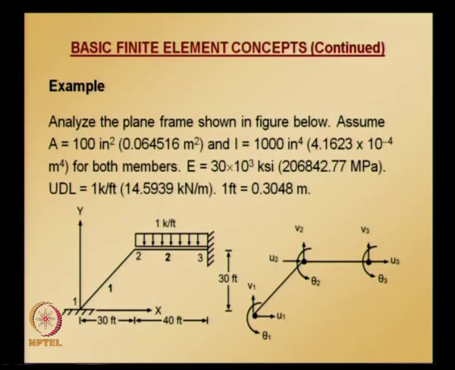And element 1 is assumed to be along the vector which is going from node 1 to node 2, and element 2 is assumed to be along a vector which is going from node 2 to node 3, and all the degrees of freedom are indicated there.